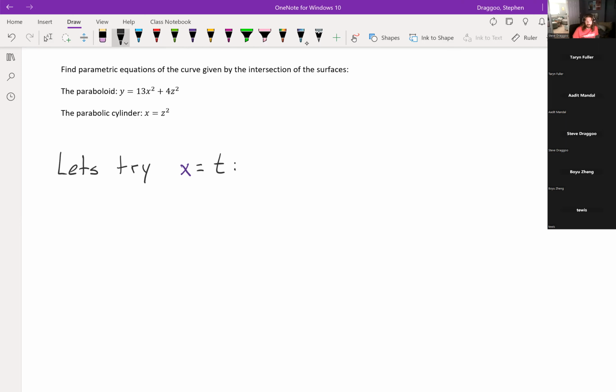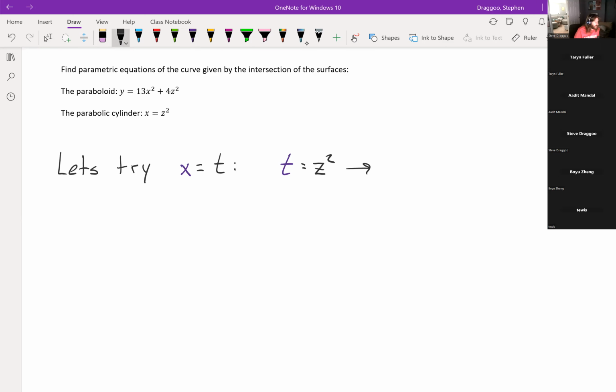From there, I want to solve the other variables in as simple a case as I can. So I'm going to start with the bottom equation because it's only got two variables in it. I've already defined one of them. So if x is going to be equal to t, that means that t is equal to z squared.